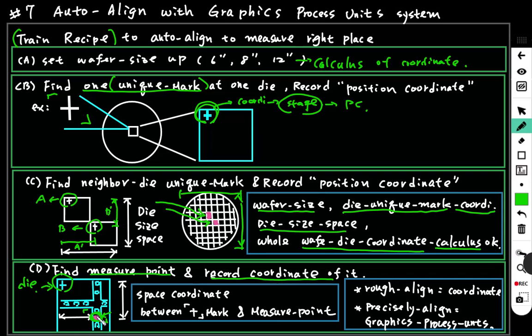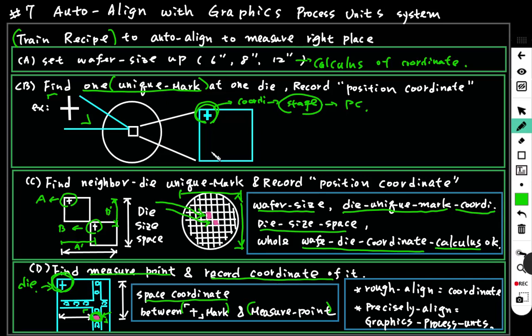Now we know the measure point and the cross mark, its space, size, twin lane. So the space coordinate between the cross mark and the measure point, now we all record. Now the computer is taught completely.